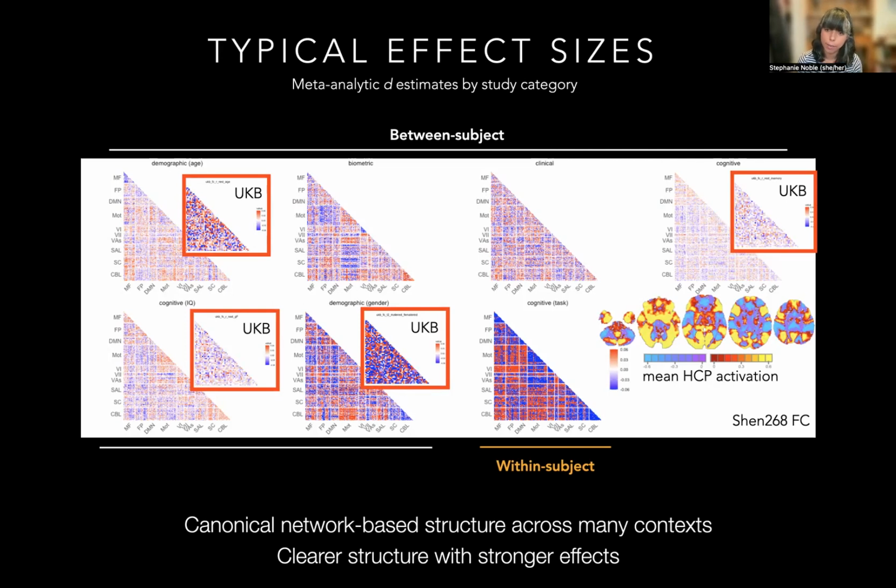And then for the task-based context, I've just taken the mean Cohen's d across the HCP tasks, which is the only large data set with activation maps that I have right now. And you can see that there's also clearly some spatial structure there as well, and potentially this could also align with some of the canonical networks.